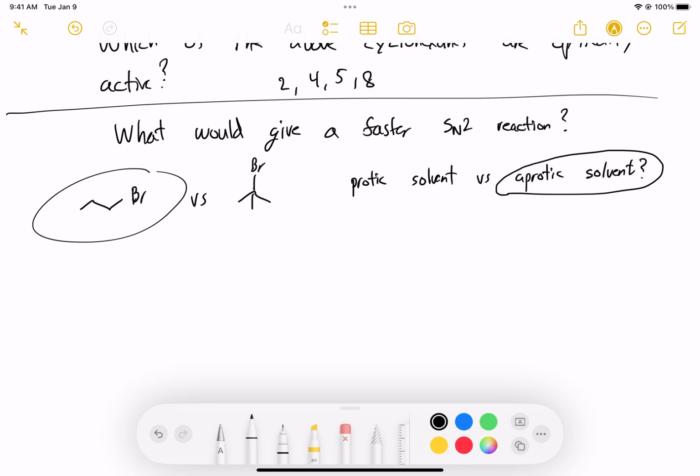All right. So as the nucleophile, H2O. Okay. All right. Is it H2O versus H2S?